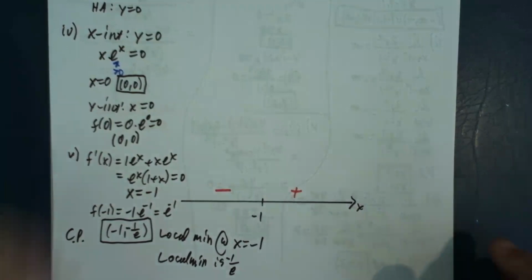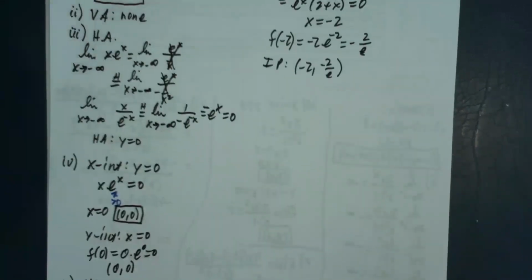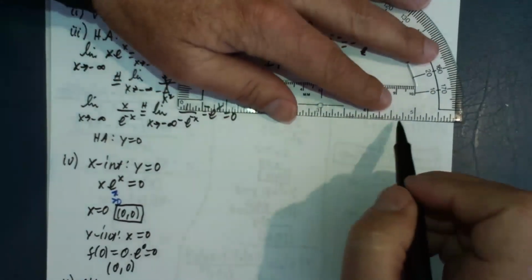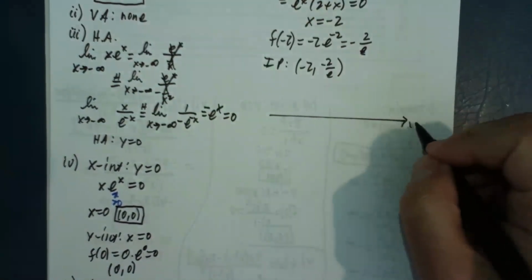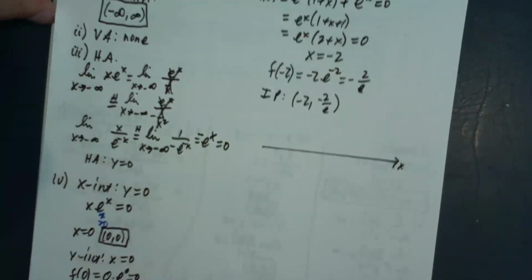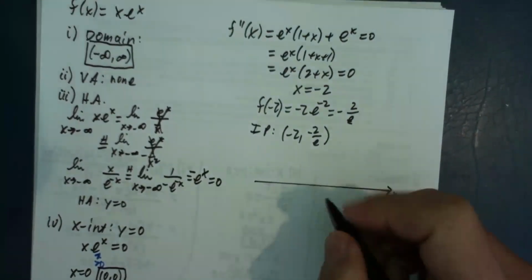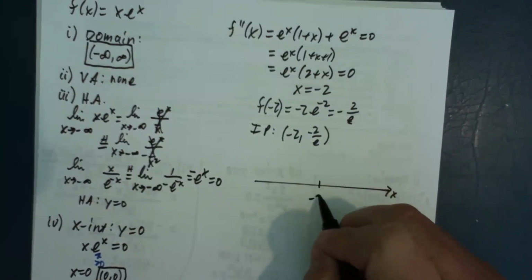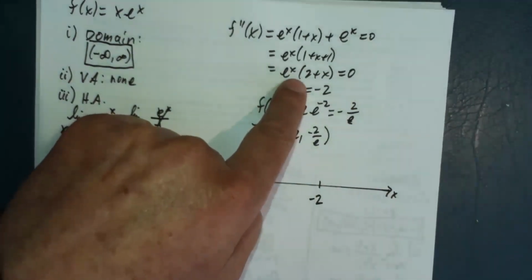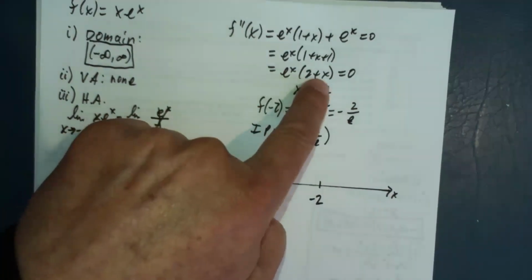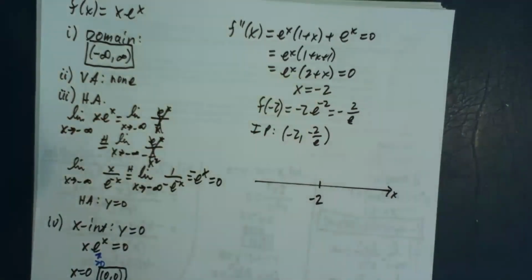All right, let's do the same thing up here to see where we're concave up and concave down. Okay. So negative 2 is our only point of concern. And I'm going to be plugging my values into here. So let's pick negative 3. This part's always positive. Negative 3 plus 2 is negative.